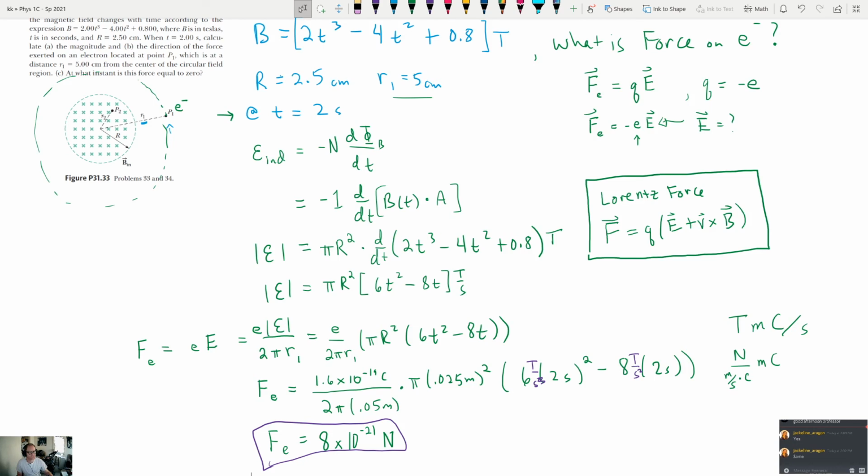Well, I would be like, okay, so if we place a conducting loop at that point, and then we would just have to flip the direction because this is an electron.